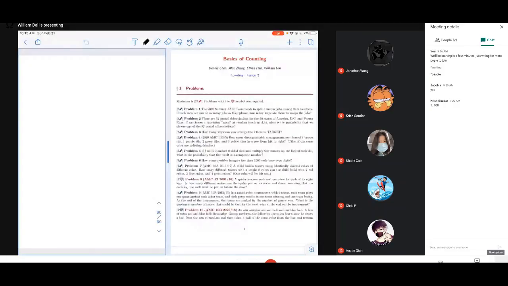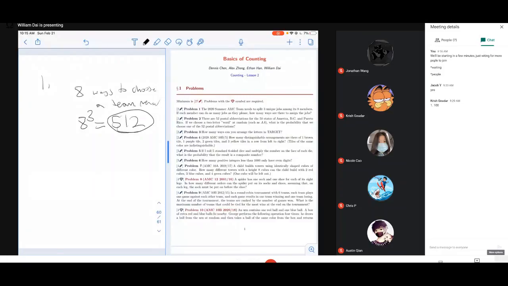So we have 3 jobs here, and for each job we have 8 ways to choose a team member, so we have 8 to the power of 3 equals 512.